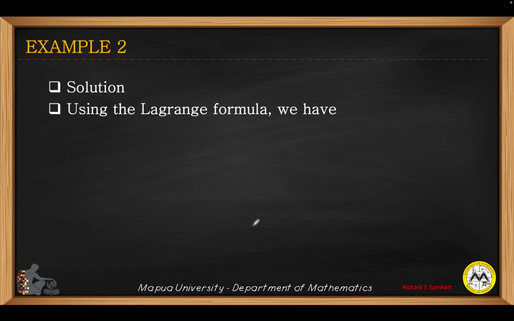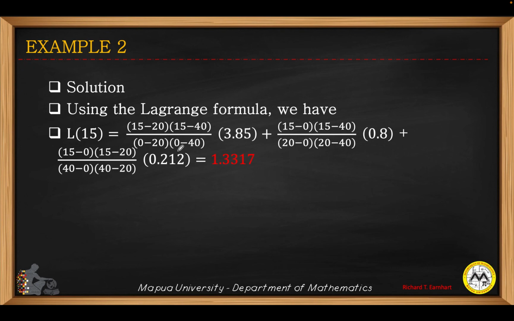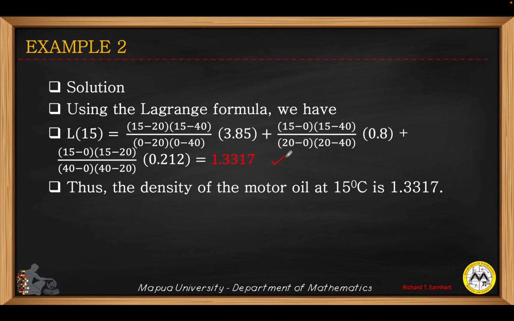Okay, so given your x sub 1, x sub 2, and x sub 3, and then your y sub 1, y sub 2, and y sub 3, and then we compute to get 1.3317. Thus, the density of the motor oil at x equals 15 is 1.3317.